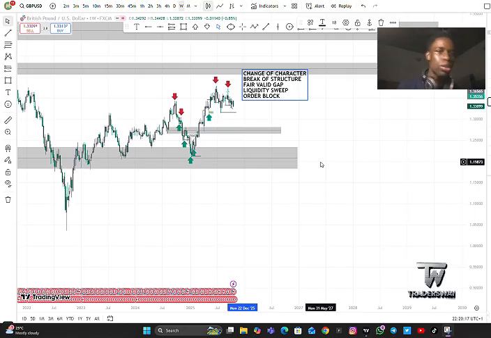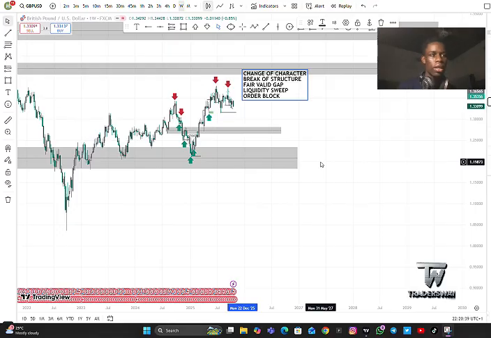Instead of using indicators to spot the direction of the market, this simple strategy helps us to use things like break of structure, liquidity sweep, order blocks, higher lows, higher highs, lower lows, lower highs to know the direction of the market. So I want to teach you guys how this simple strategy works.